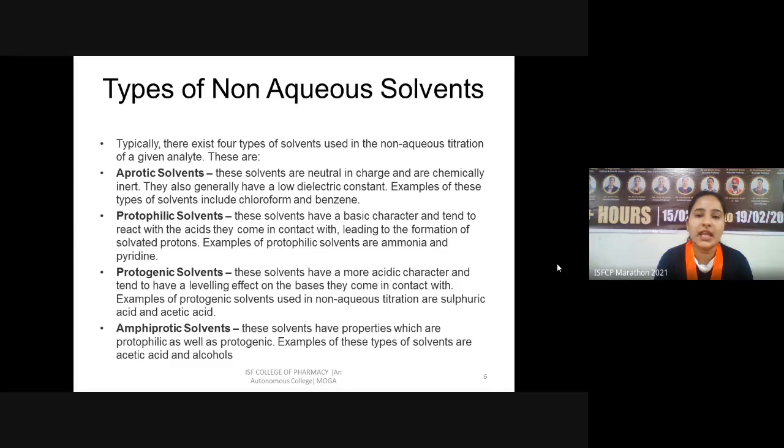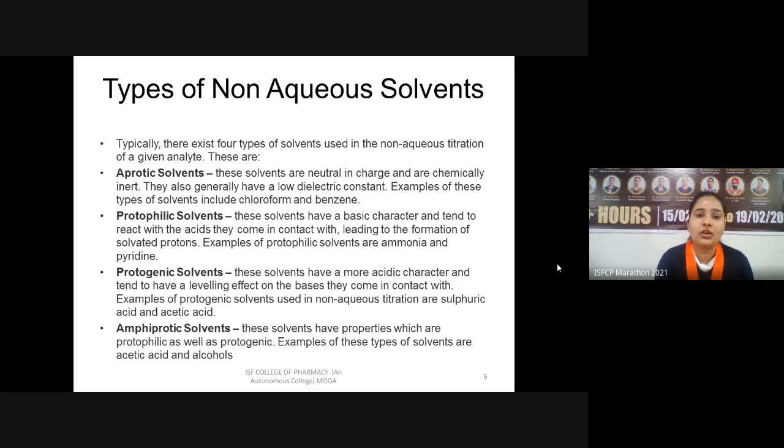Aprotic solvents are generally non-polar. They are neutral. They do not have any charge. The atoms present in the aprotic solvents have similar electronegativities, and because of that, there will be no charge on the solvent, and hence our solvent will act as a neutral solvent.